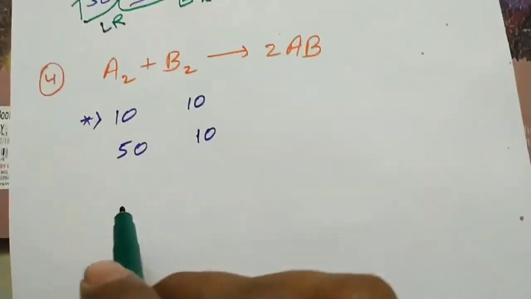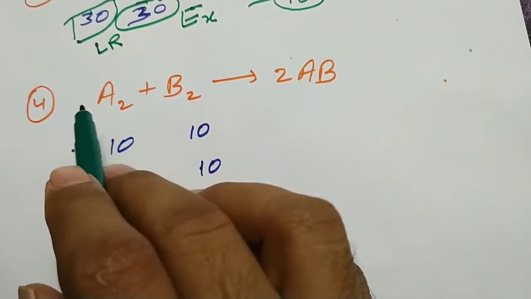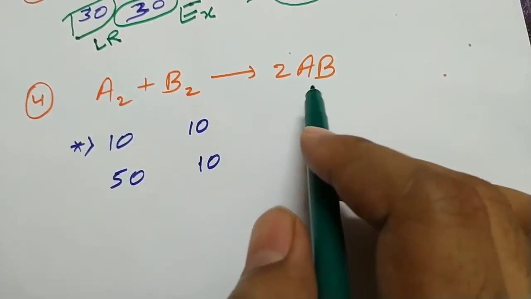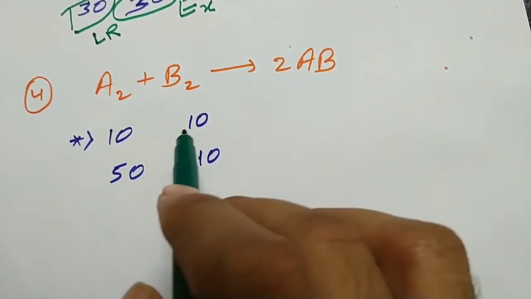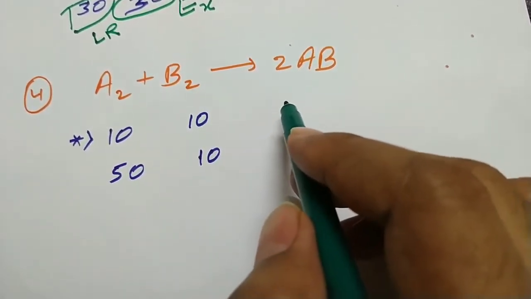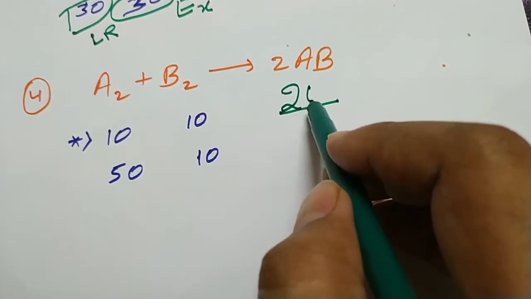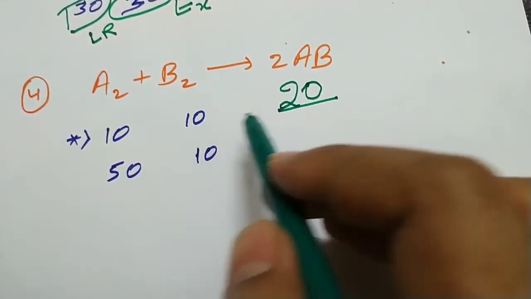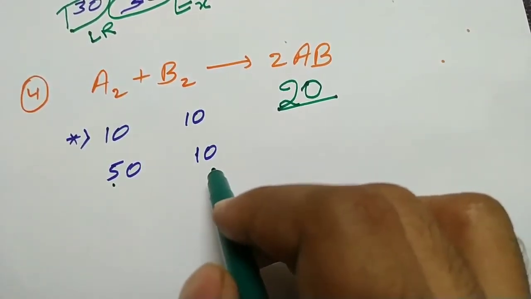Next, last. A2 plus B2 gives 2AB. 1 mole of A2 reacts with 1 mole of B2 and forms 2 moles of AB. Here I am taking 10 moles of A2, 10 moles of B2. Then how many moles of AB are forming? Obviously 20 moles. 1 plus 1 forming 2. So 10 plus 10, 20. Here A is 50 moles, B is only 10 moles.